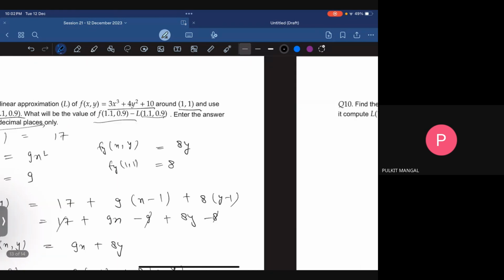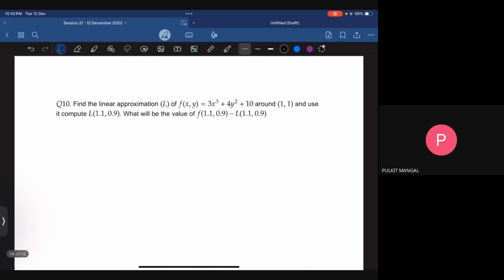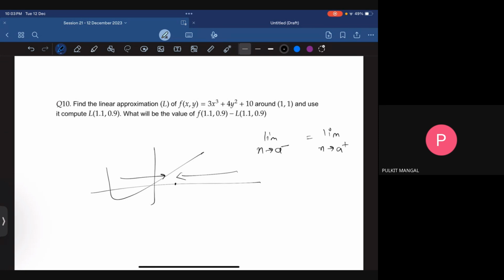In any function, if you're finding the limit at a point, we have only two directions. We simply calculate the limit as x approaches from the left hand side, and the limit as x approaches from the right hand side, and if they are the same, we say the limit exists at the point a.